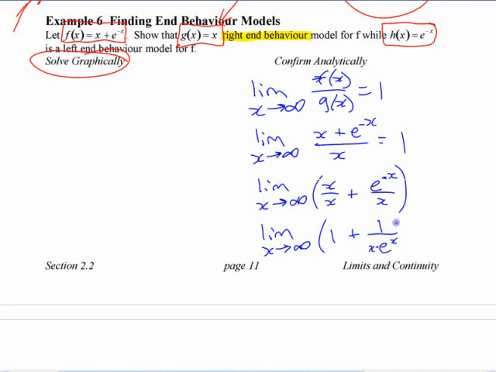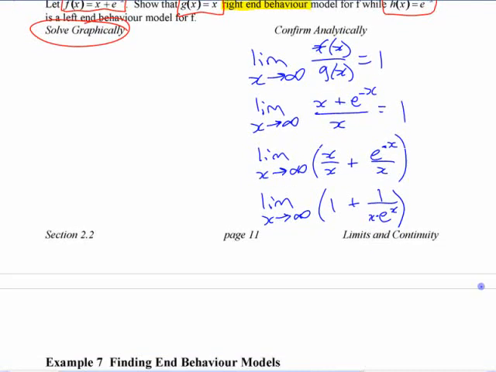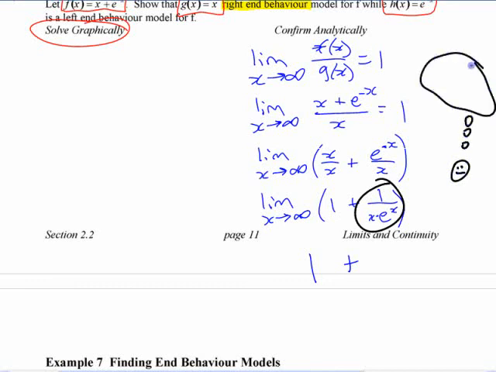All right. Now, here's where we have to do some thinking. This first part is easy, right? This is 1 to actually evaluate the limit. But this is the part where you have to think. If you let x approach infinity, you get 1 over infinity times e to the infinity.